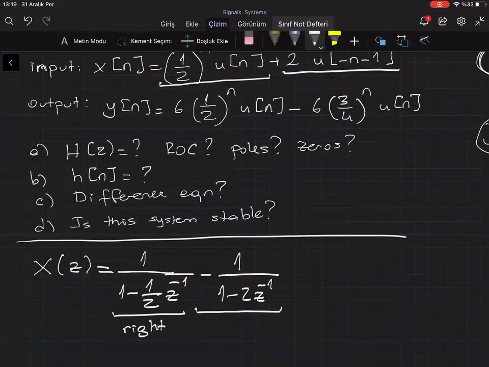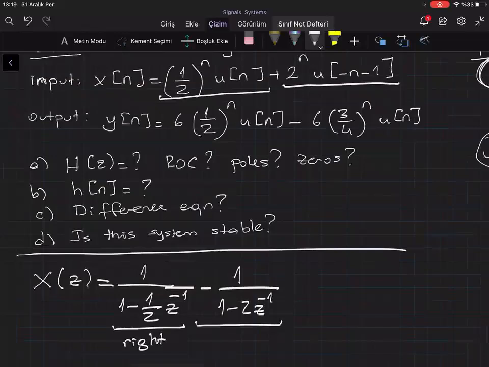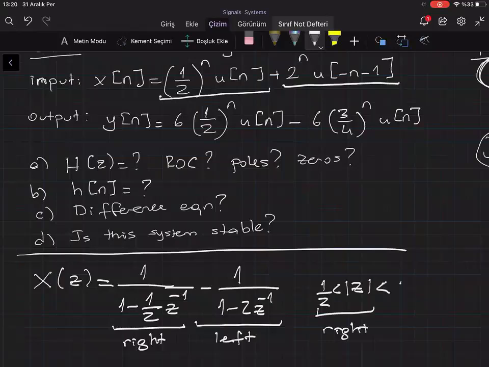How about this one? The second part of x[n], is it right-sided or left-sided? Left. Left-sided, right? So how can I write the ROC of this? Z is going to be greater than 1 over 2 for the right-sided part. And it's going to be less than 2 for the left-sided part.